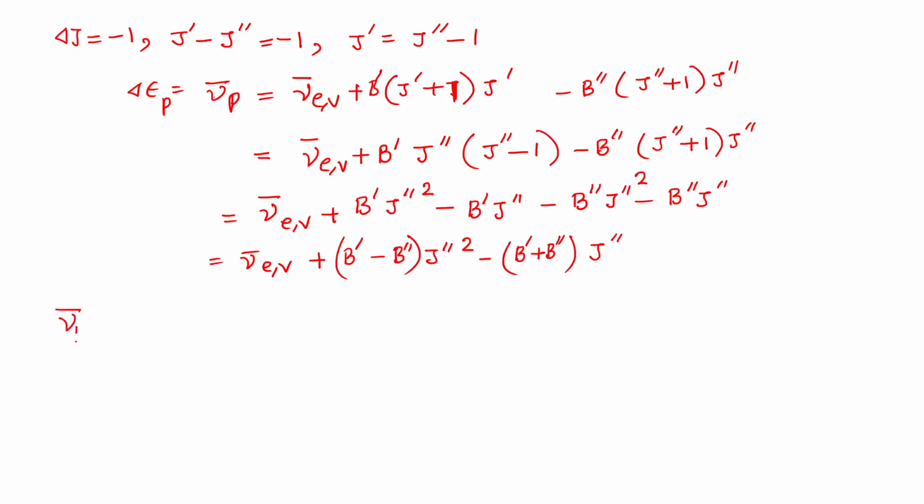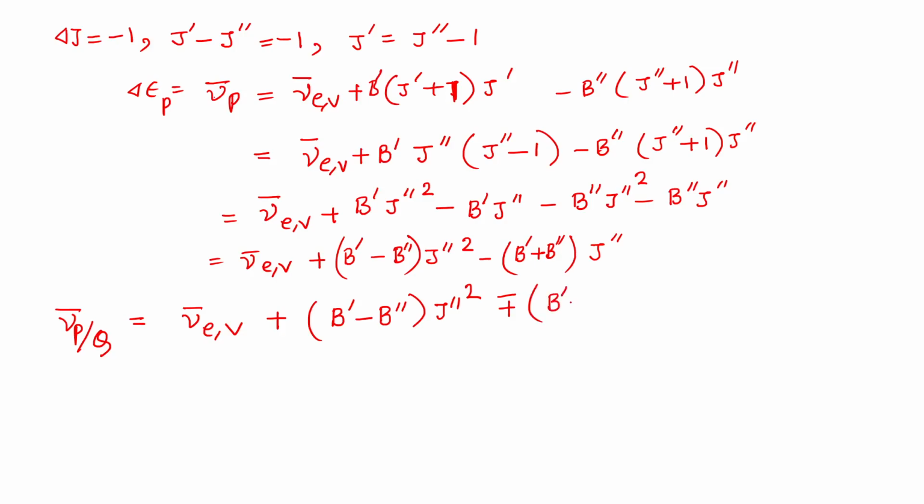So new bar PQ, we got new E comma V plus, this is same, B dash minus B double dash J double dash square, right? And then we have plus. So for P we have minus, for Q we have plus. So let us do minus plus.